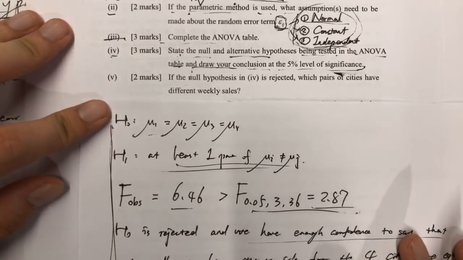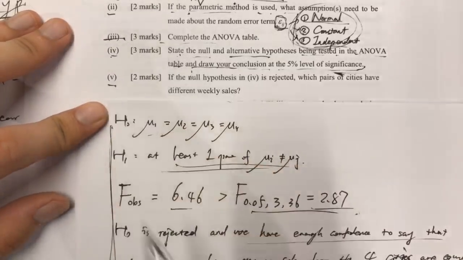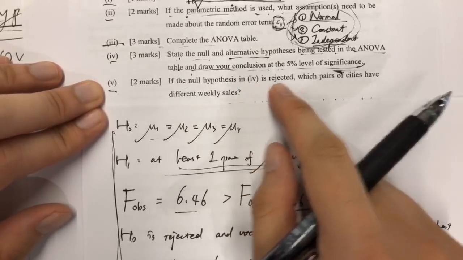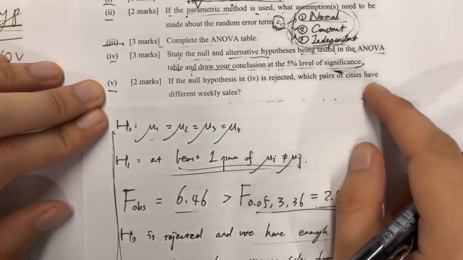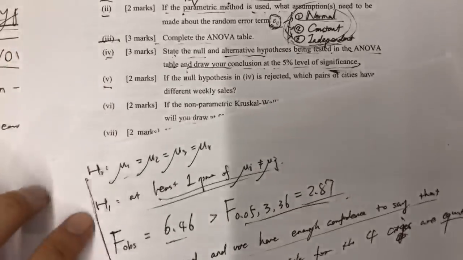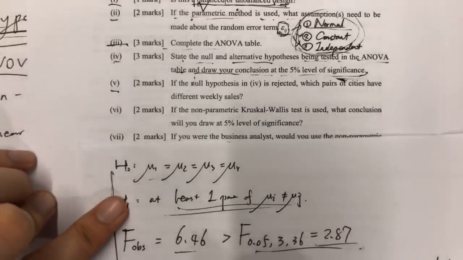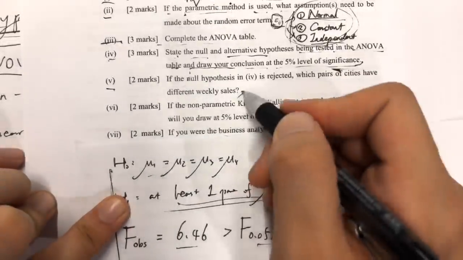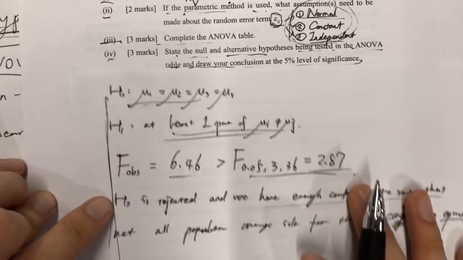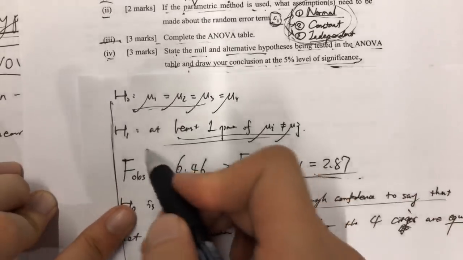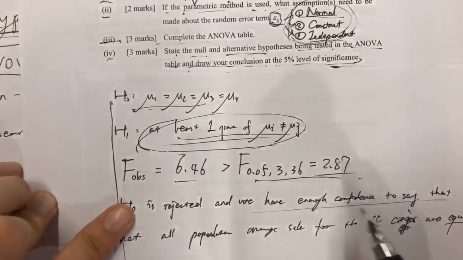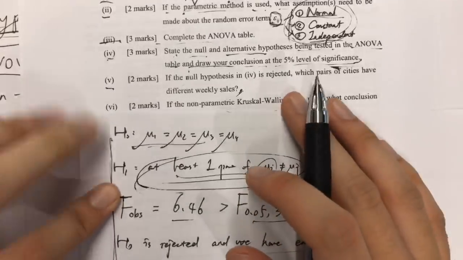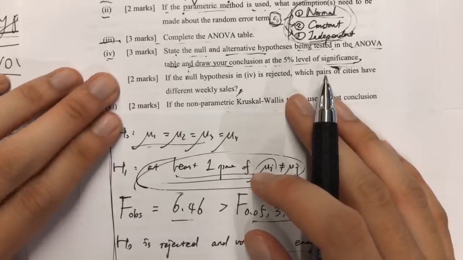Now, let's see question 5. If the null hypothesis in 4 is rejected, which pairs of cities have different weekly sales? Okay, if you have done your major assignment independently, you must know that if we reject the null hypothesis in the ANOVA test, we need to figure out which pair of mu i not equal to mu j by multiple comparison, right?